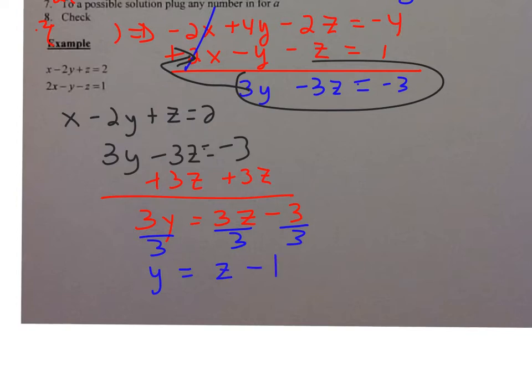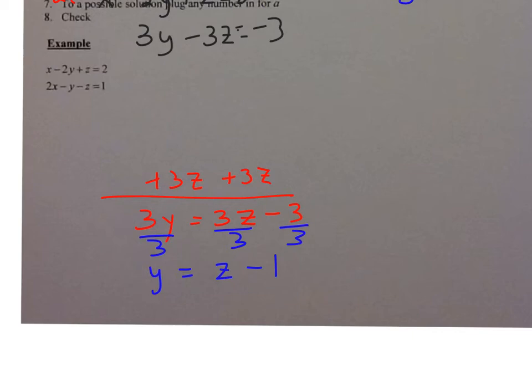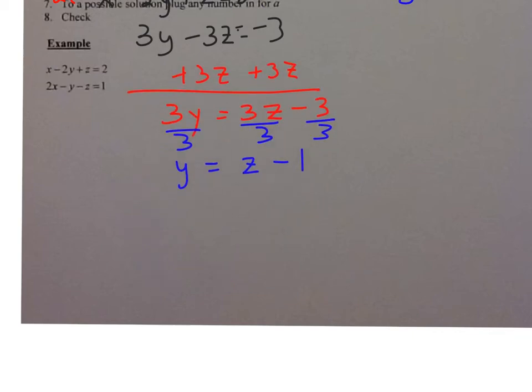So now what I'm going to do is write, let z equal a. So now since I have z is equal to a, I have y is equal to a minus 1 by doing the substitution, right? Changing my z to a. So now I have z is a, y is a minus 1.